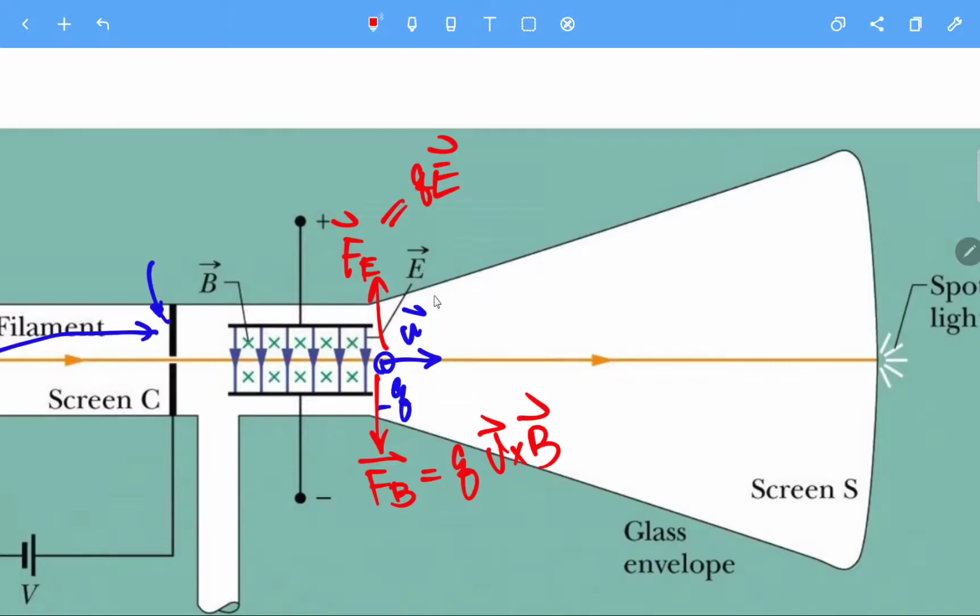Otherwise, if you slightly change the magnitude of the B field, then the particle may bend. If FB is larger, then it may go like this.